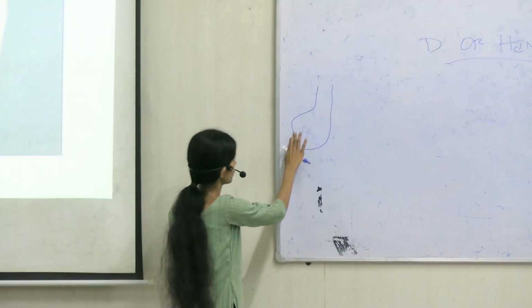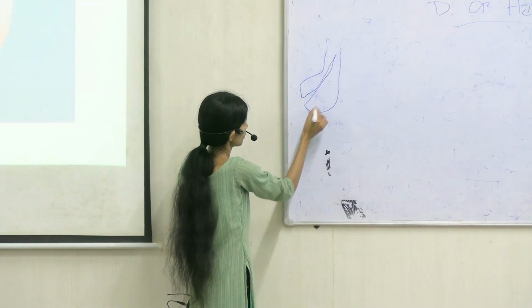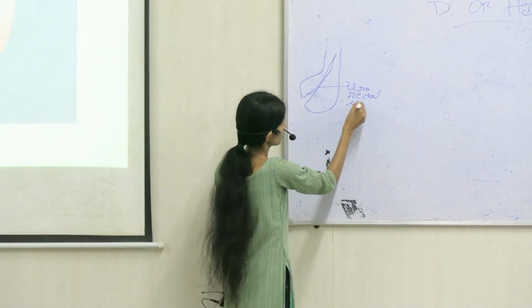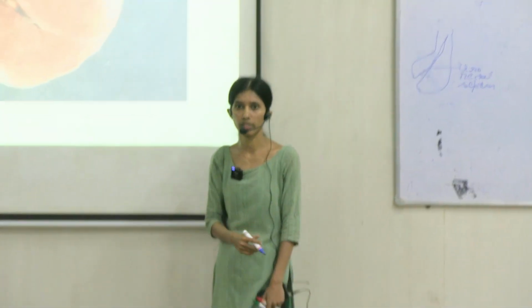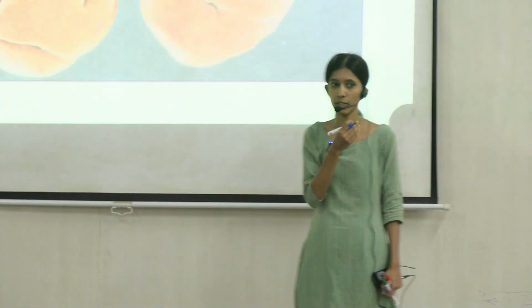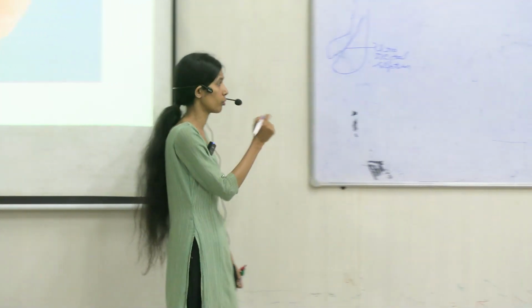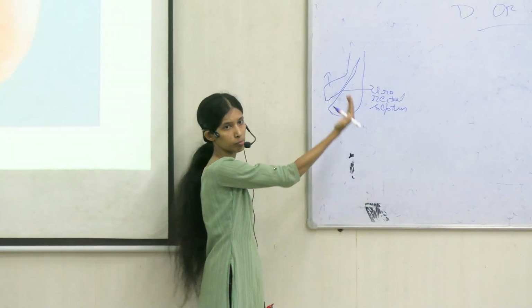Hindgut is divided into 2 parts by a urorectal septum. Okay, this is the urorectal septum. So, what are the names of the 2 parts? The anterior part, this is anterior and posterior.